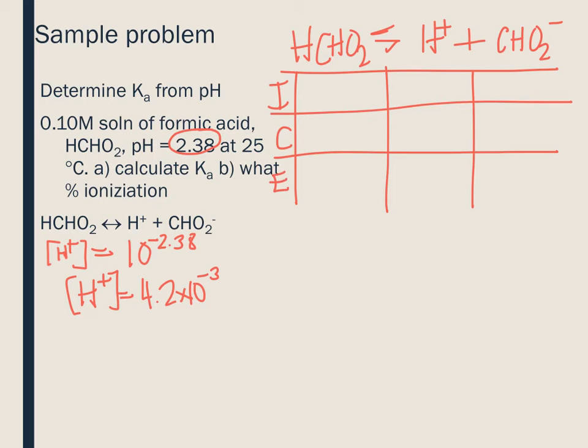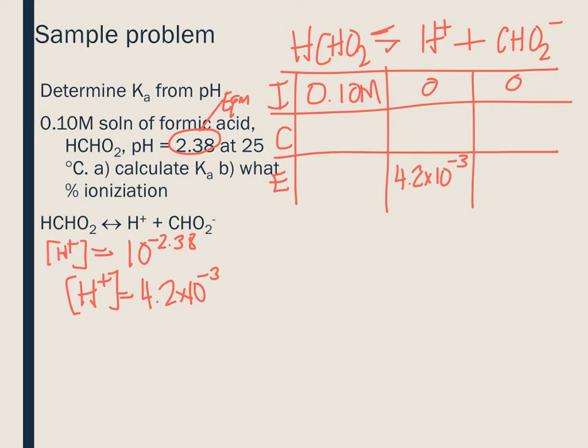I know that I start with this much acid, and I know nothing about either one of these. And I know that they tell me that the pH of my solution is 2.38. Now, I have to remember that this is at equilibrium. When they tell me the pH, it's at equilibrium, unless they say it's initial, and they didn't this time. So I'm going to put in my 4.2 times 10 to the negative third here as my H plus concentration.